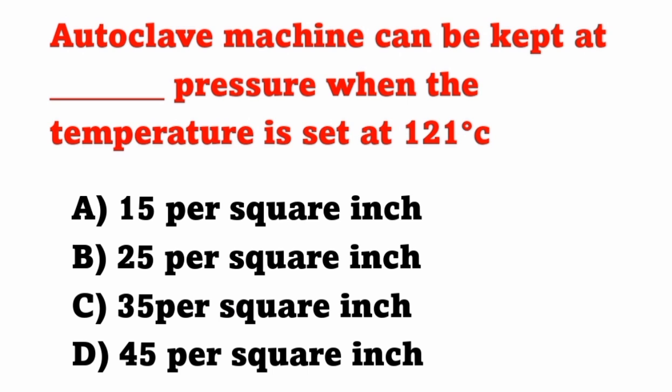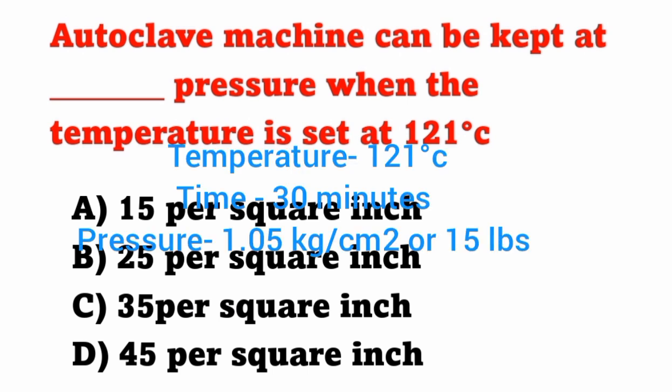Autoclave machine can be kept at dash pressure when the temperature is set at 121 degrees Celsius. Options: option A 15 per square inch, option B 25 per square inch, option C 35 per square inch, option D 45 per square inch. Autoclave pressure, temperature and timing, as we already discussed in the previous question.